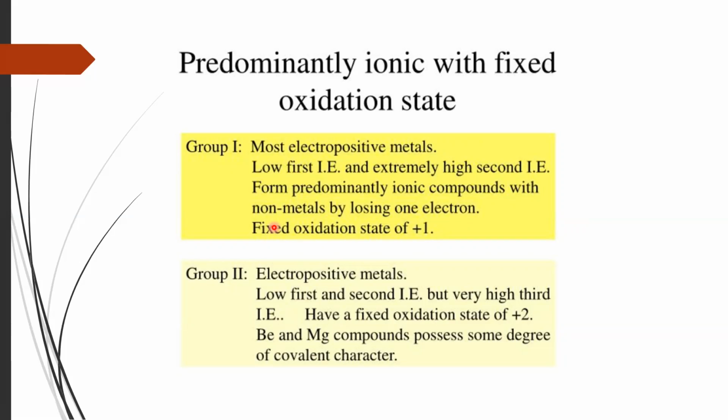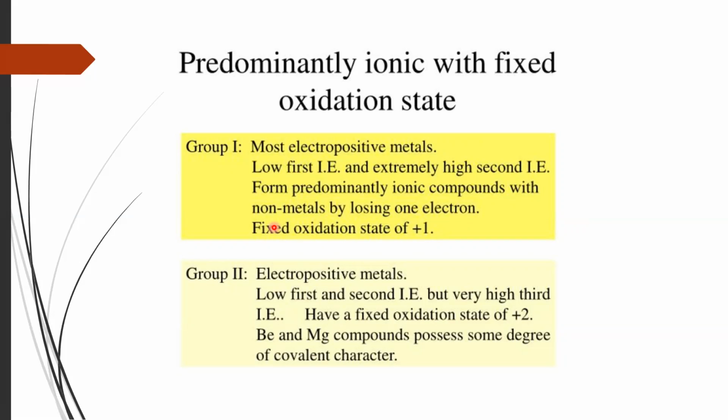Therefore, it's easy to remove one electron and acquire positive charge. Therefore, they have a low first ionization energy. Now, what is ionization energy? The energy required to remove an electron from a neutral gaseous atom to acquire a positively charged ion.